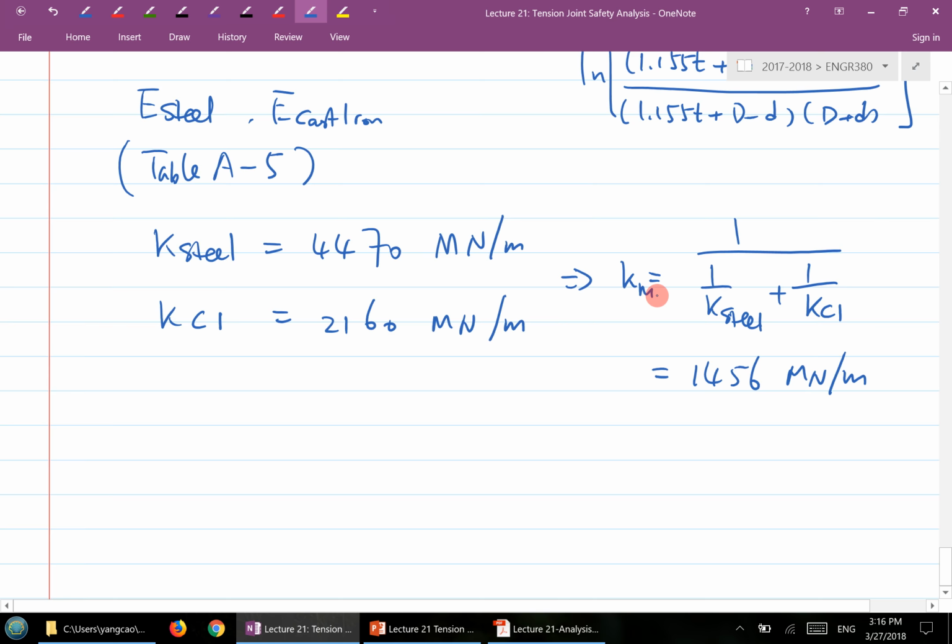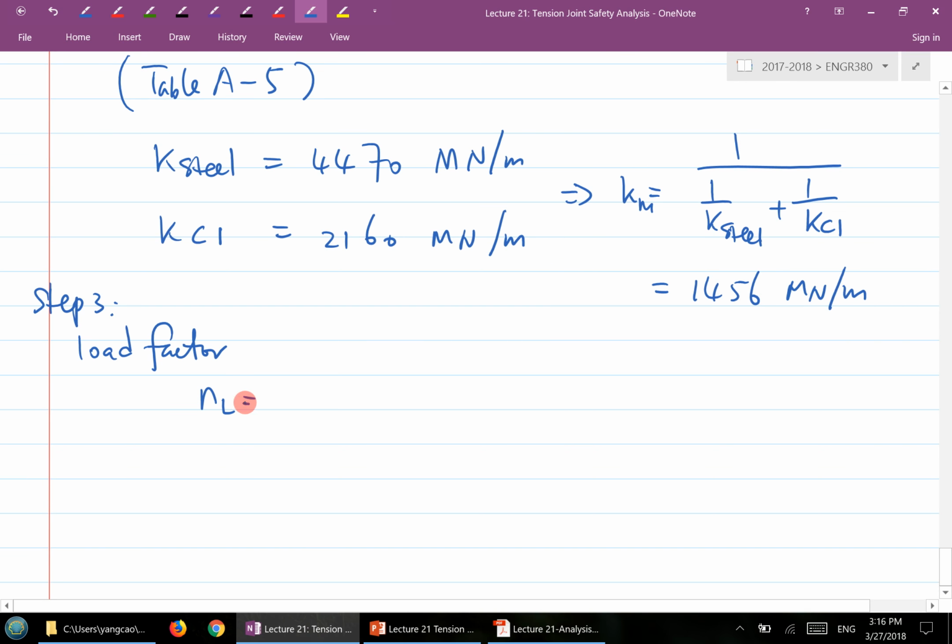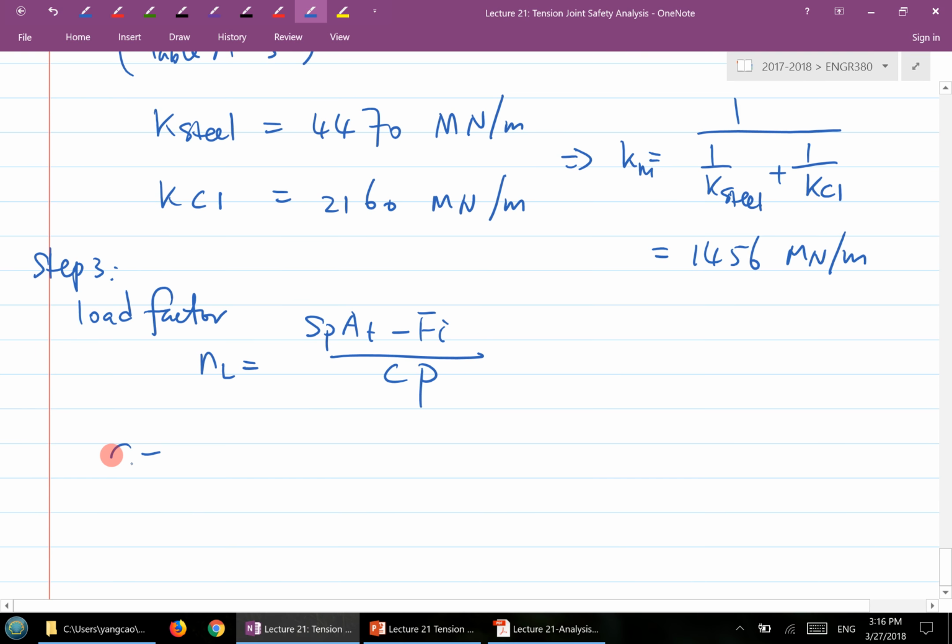So let's calculate the load factor now. Let's call it step number 3. The load factor calculation is nL equals (Sp times At minus Fi) over C times P. You need to calculate C first, which is kb over kb plus km.